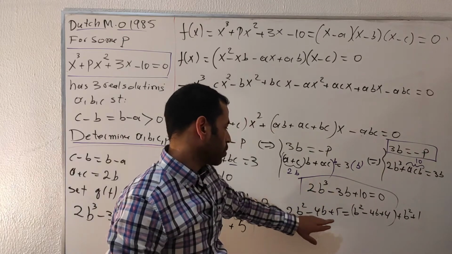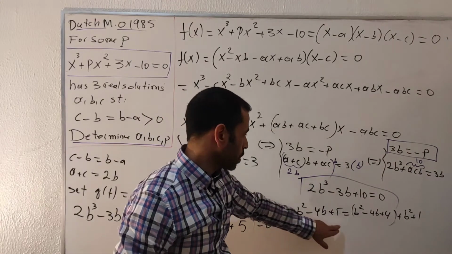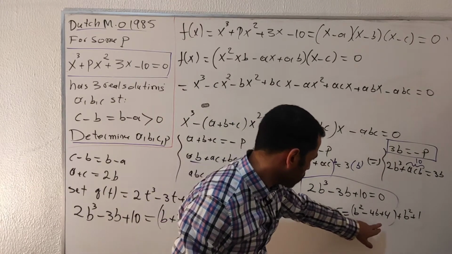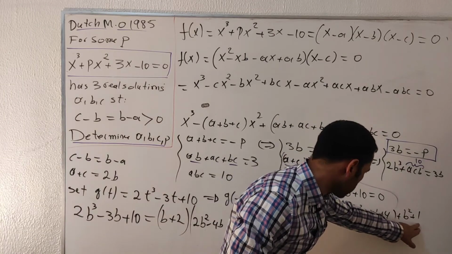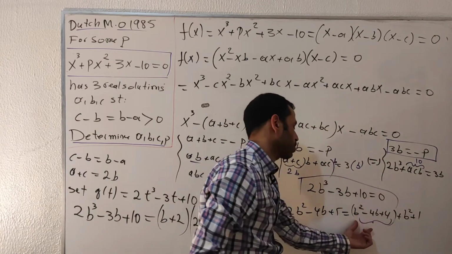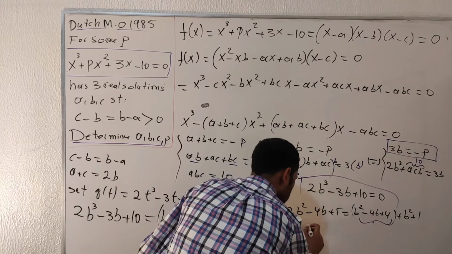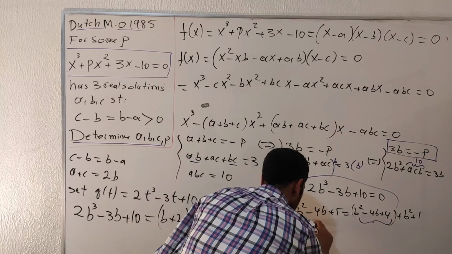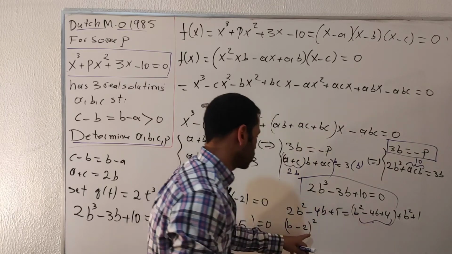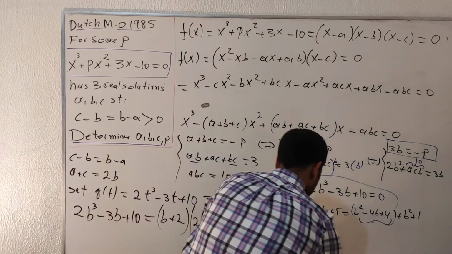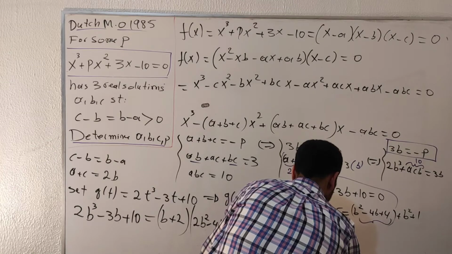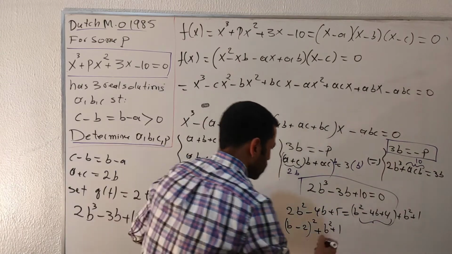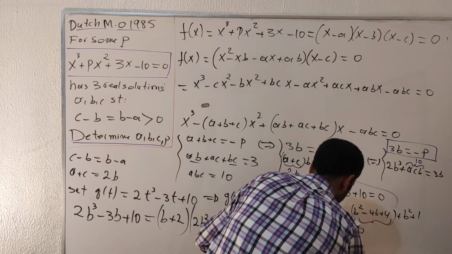The middle term stays the same. The last term was number 4 plus number 1, like this. This is a quadratic polynomial expression, which is going to be the same as b minus 2 squared plus b squared plus 1. If you distribute this one, you get b squared minus 4b plus number 4 plus b squared plus number 1. So this one is strictly greater than 0.